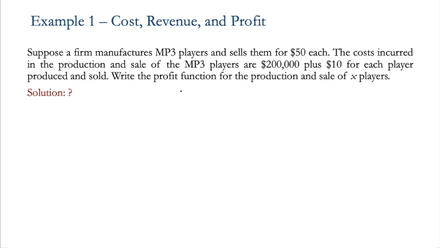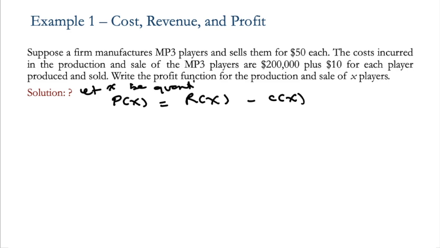Write down the profit function for the production and sales of the player. We know that in general, the profit function is given by revenue minus cost. Because we use x as the quantity variable, let x be the quantity of MP3 players.